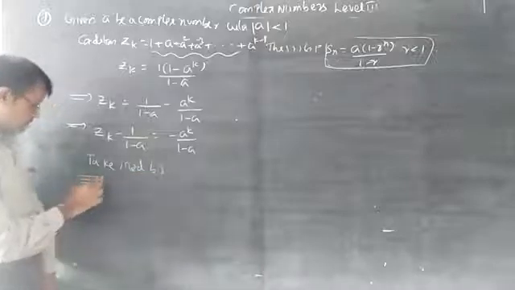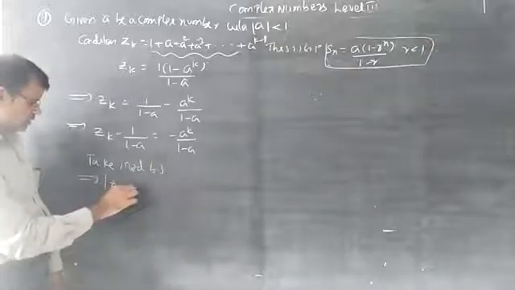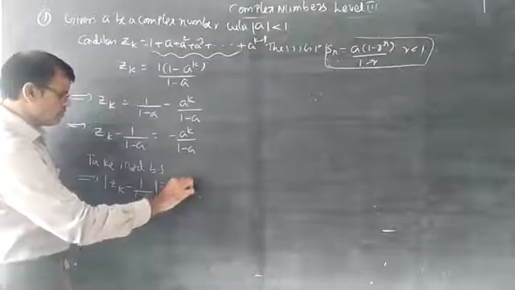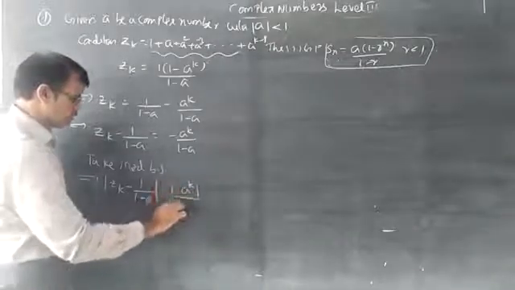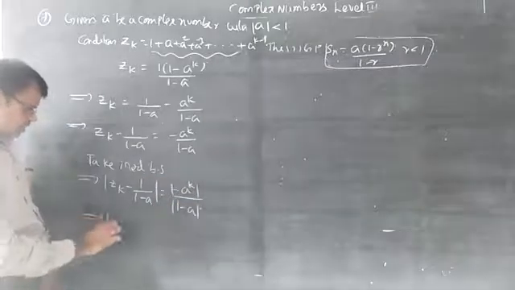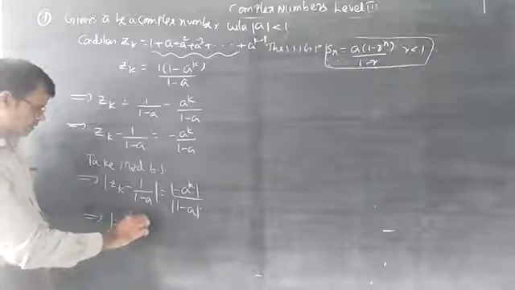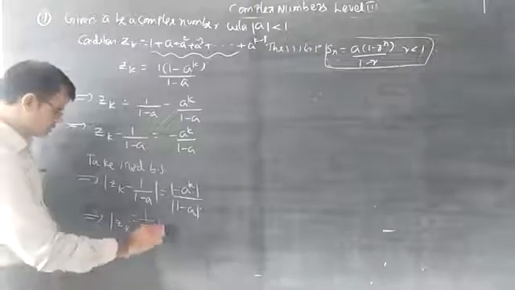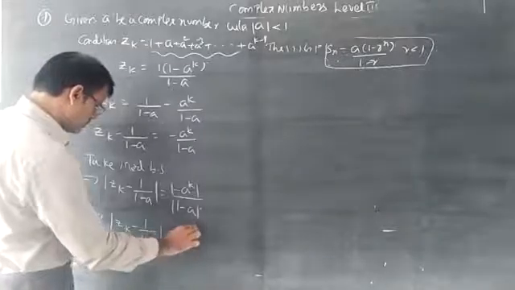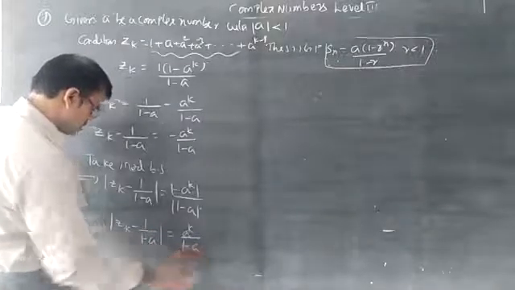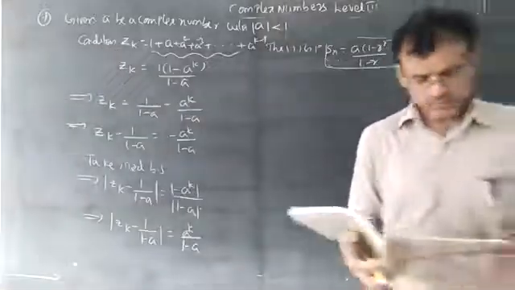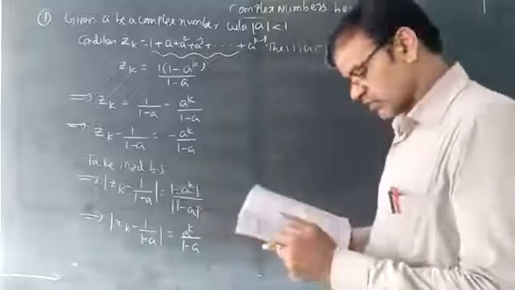That implies modulus of Zk minus 1 by 1 minus A is equal to minus of modulus of A power k by 1 minus A, separately you can take. That implies modulus of Zk minus 1 by 1 minus A is equal to A power k by 1 minus A. A power k by 1 minus A is given, mod A less than 1.